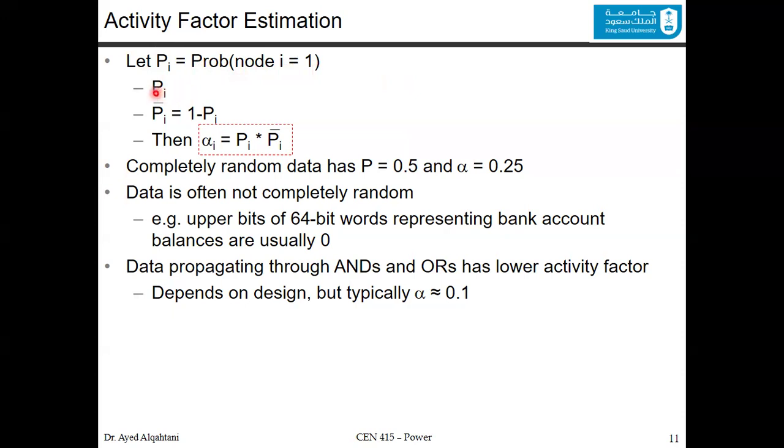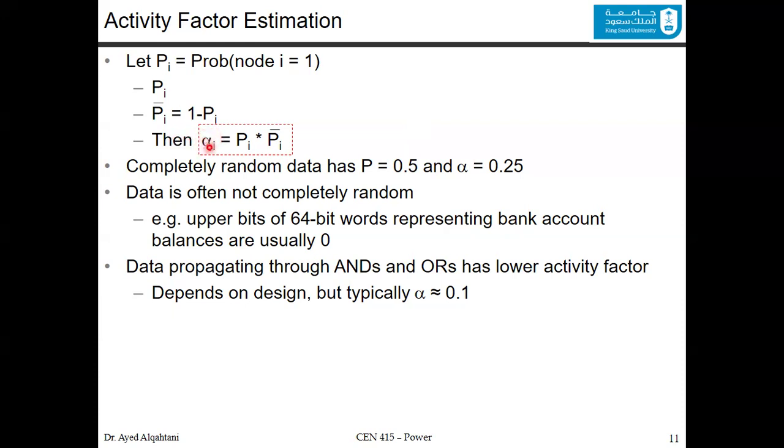We can have P of I bar, which is 1 minus P of I. Remember, this is probability, so it's going to be between 0 and 1. 0 means that this event is impossible to happen. 1 means that this event will happen 100%. So it's between 0 and 1.